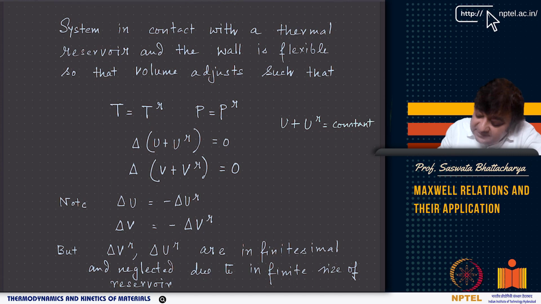This isolated system is nothing but system plus reservoir, and the reservoir is a thermal as well as a mechanical reservoir, you can think of, right? Now if that is so, then immediately this implies delta U plus UR is equal to 0. Similarly, if I think of the total volume, V plus VR, that is also going to be constant.